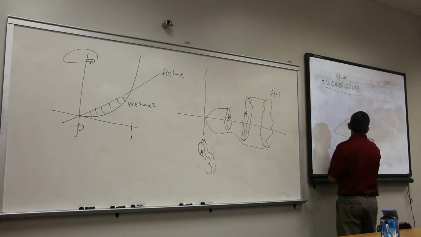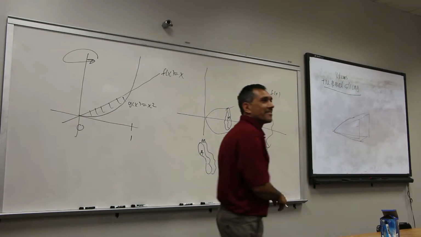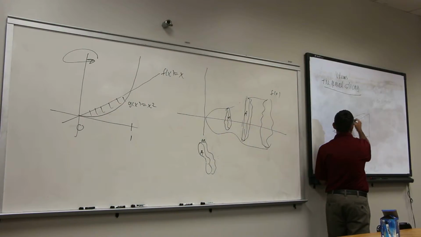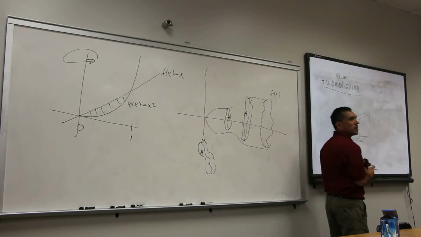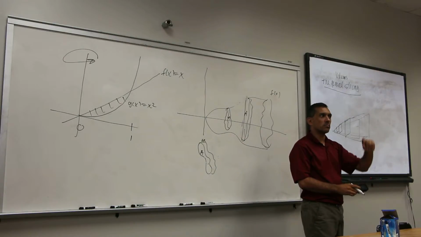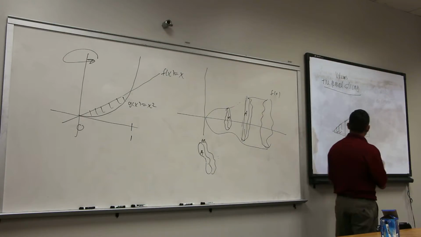Okay? You slice it, and you see a square. What's the area of that square multiplied by the thickness? You get a volume.